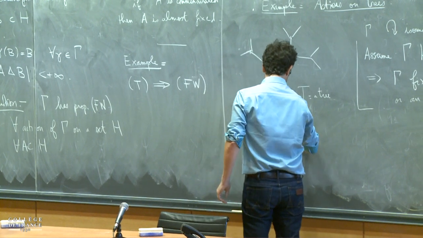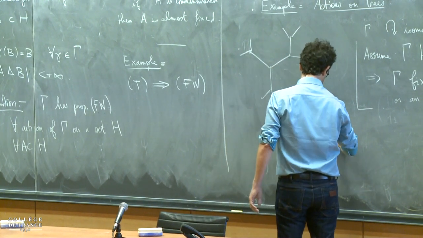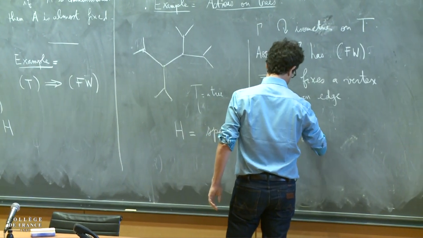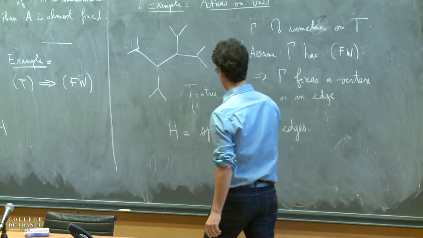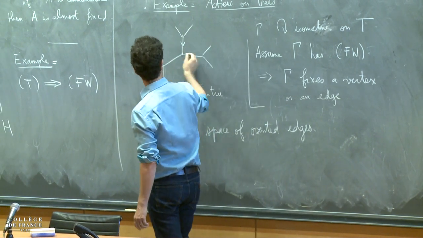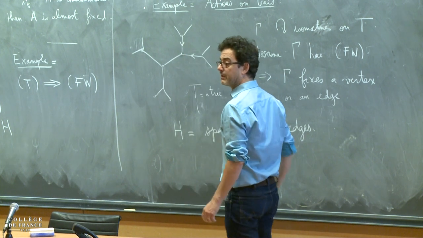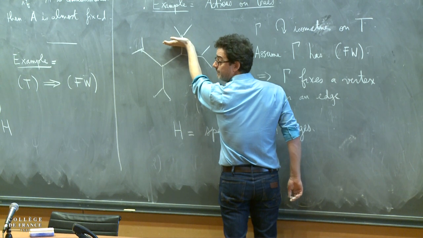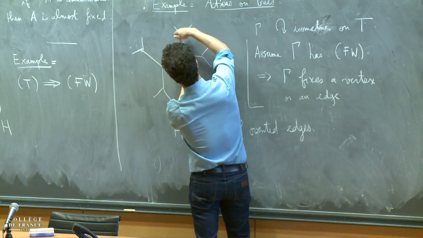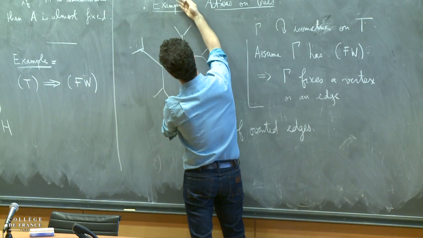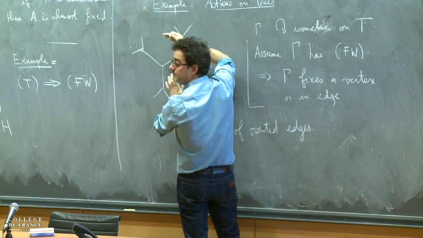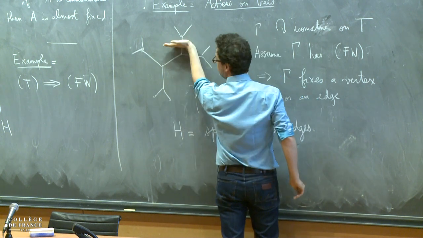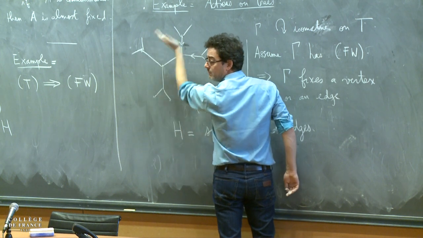So H will be the space of oriented edges. A point in H is just an edge like that. An oriented edge is a way to cut the graph, and you can look at all points which are on one side of the edge and all points which are on the other side. So an oriented edge is like a wall, and you cut the graph here, and you separate the graph into connected components.